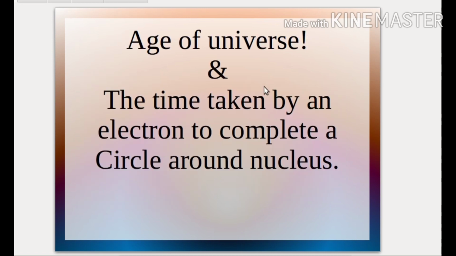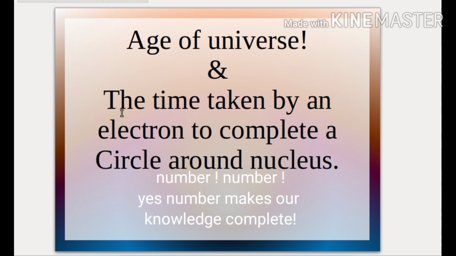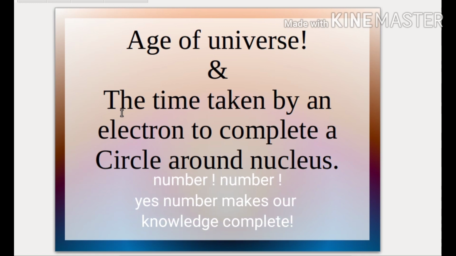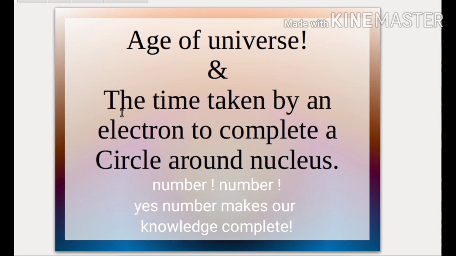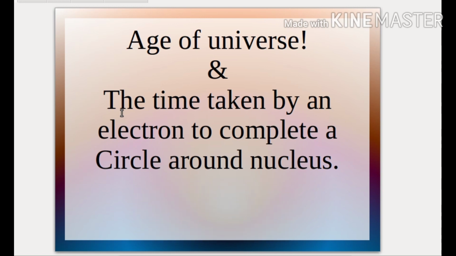Saying it is very old is not the significant way. We have to tell the number. I am saying the number again and again, which means that the number is important. The math is important to carry physics.